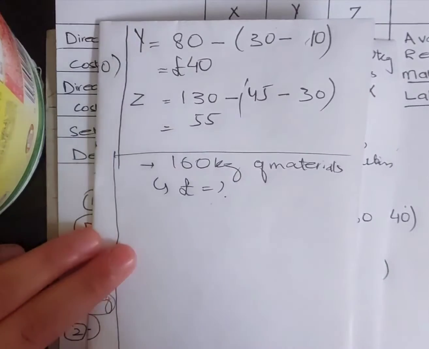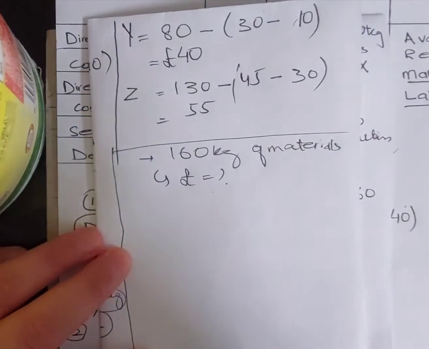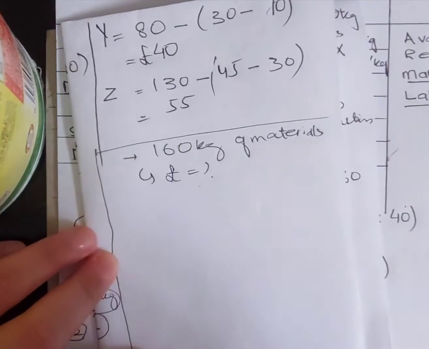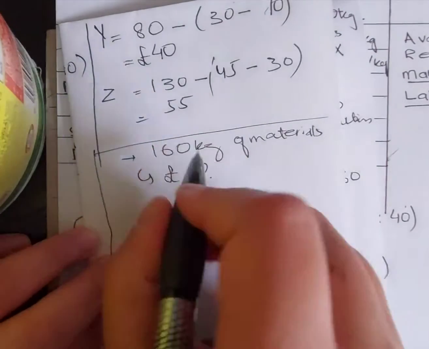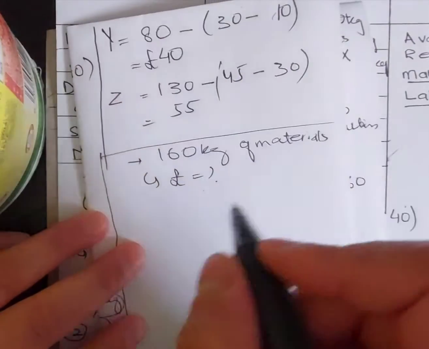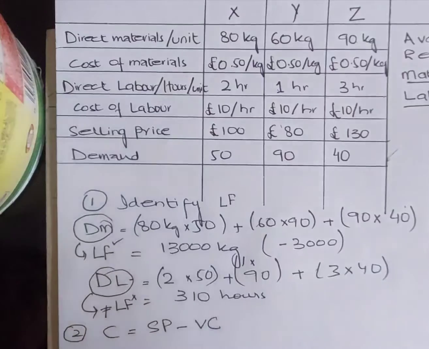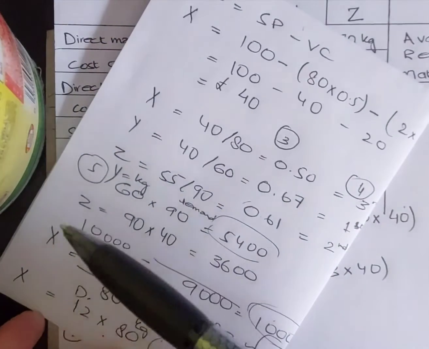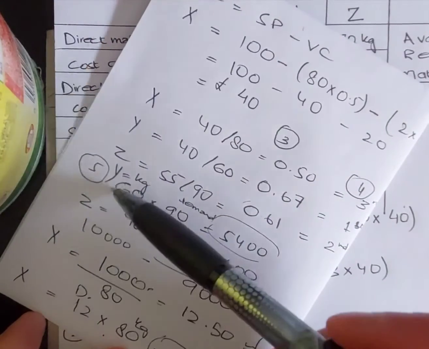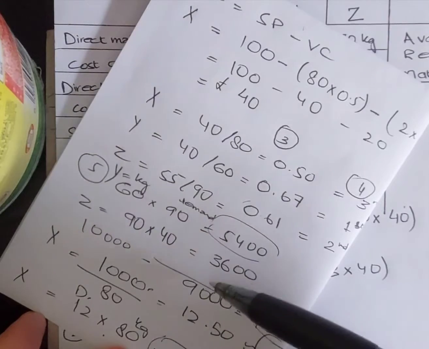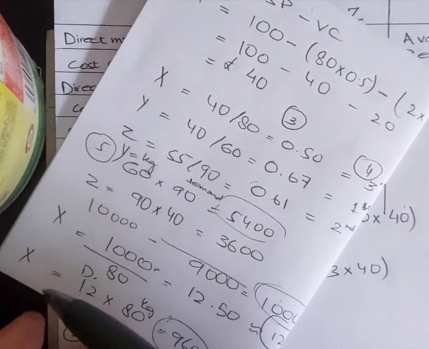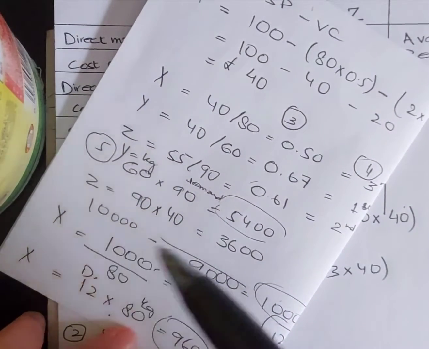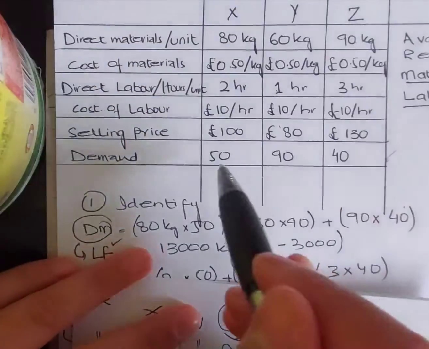And now remember, the shadow price is the amount that we pay on top to acquire the limiting resources. As you can see, we have fulfilled the demands of Y and Z. They've gotten their full demands. But it's X that just has 12 instead of 50 here.